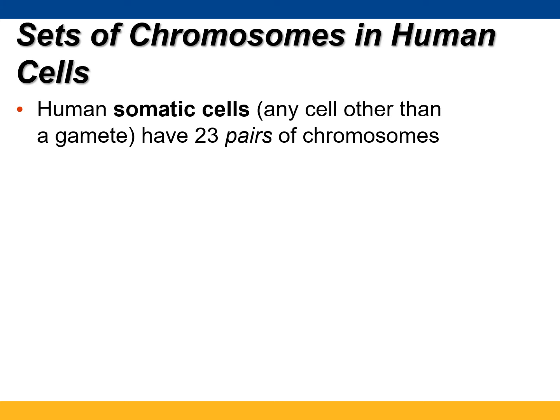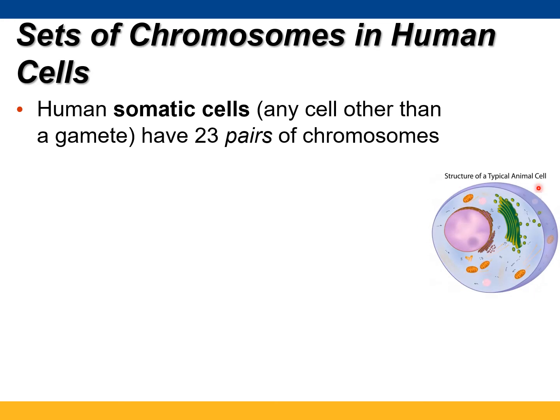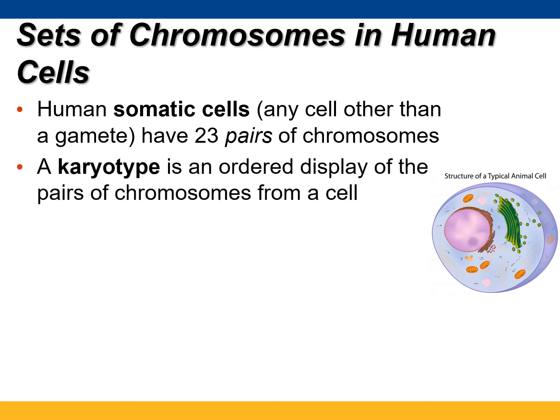They only give rise to other somatic cells. So in a strange little way, human somatic cells reproduce asexually. They have 23 pairs of chromosomes: 22 homologous pairs, and then a pair of sex chromosomes, either XY or XX under normal situations. So a typical animal somatic cell will have those 46 chromosomes.